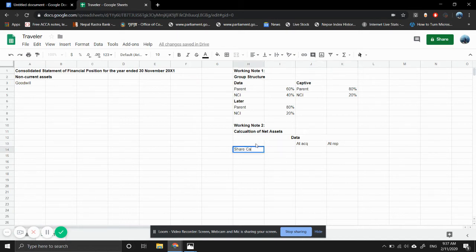So share capital, retained earning, other component of equity, other component of equity. Value adjustment is also there, right? Adjustment, land, assets, right?